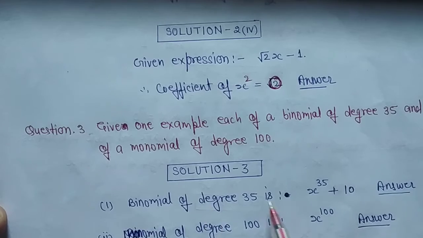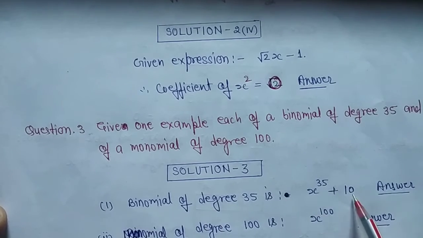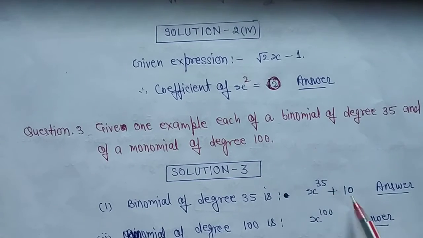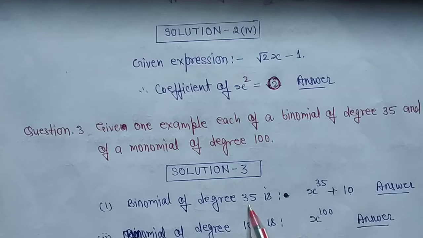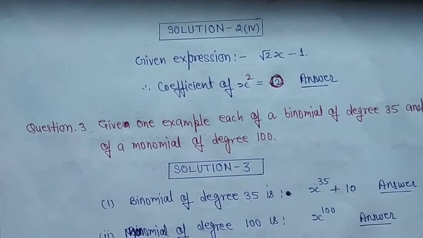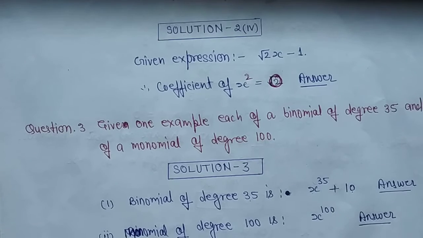Binomial of degree 35 is x raised to power 35 plus 10. Binomial means there are 2 terms and degree 35 means highest power is 35. Now monomial of degree 100 is x raised to power 100. This is a monomial because it has only a single term.